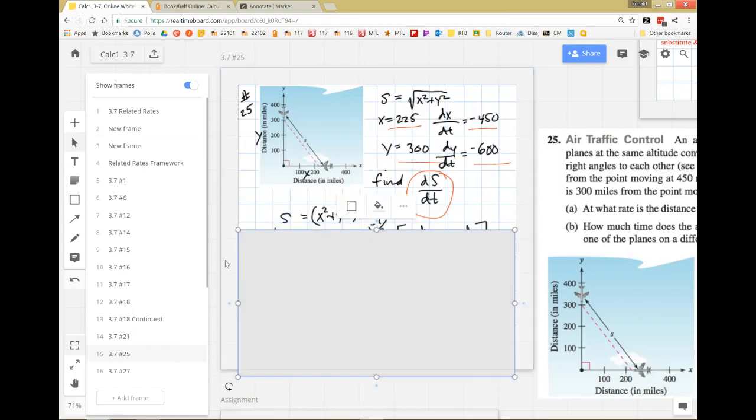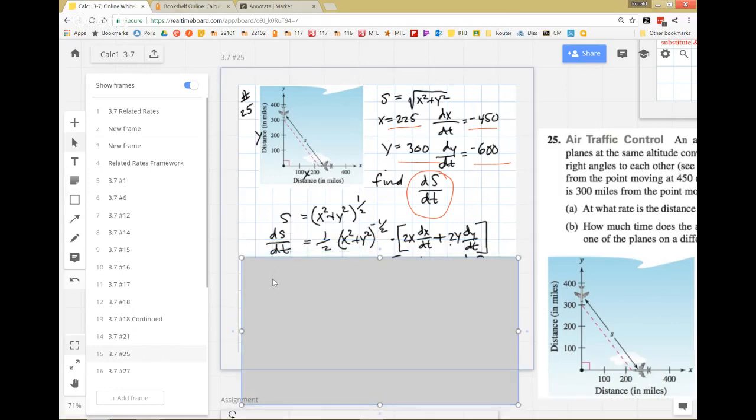So I start with the S formula, the Pythagorean theorem. Take the implicit differentiation, dS/dt. Now on the right side, we use the power rule, 1/2 times (X squared plus Y squared) to the negative 1/2 power. Inside, we have X squared, that's 2X, chain rule, dx/dt, plus 2Y, chain rule, dy/dt.